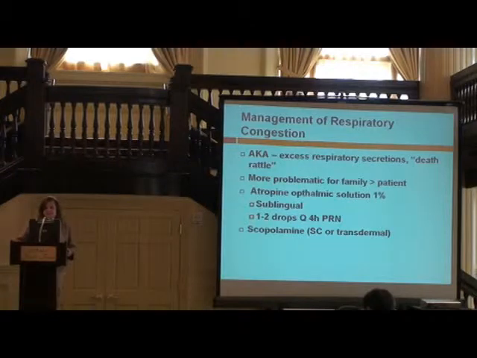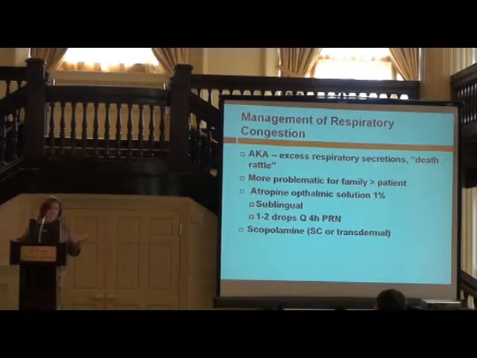Respiratory congestion is another thing that we often see. It's also known as the death rattle, especially in hospice. And really it's more problematic for the family than it is the patient. And one of the tricks that we have here is using one of the anticholinergics. So we use atropine, the ophthalmic solution. Anybody dispense this in outpatient, inpatient, so you're familiar with it. Suggested starting dose here, I think our hospice physician actually goes up to 3 to 4 drops.